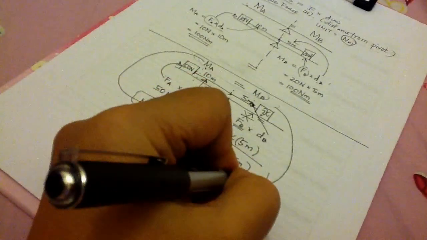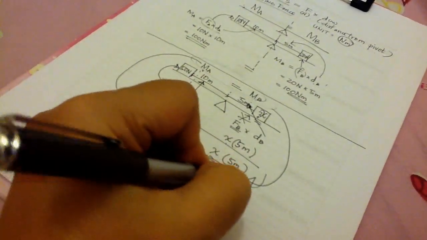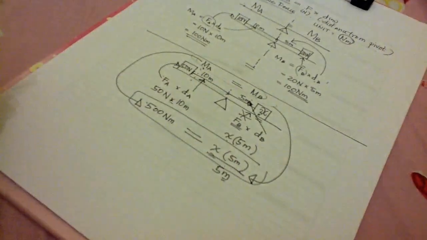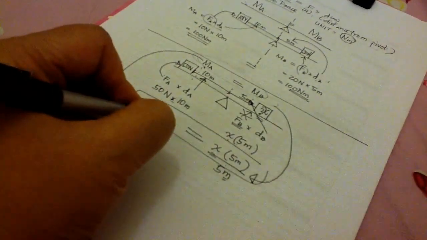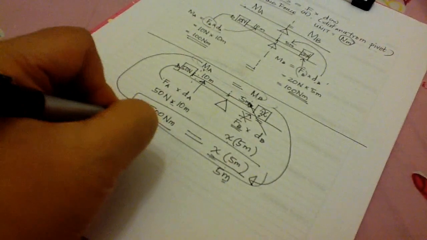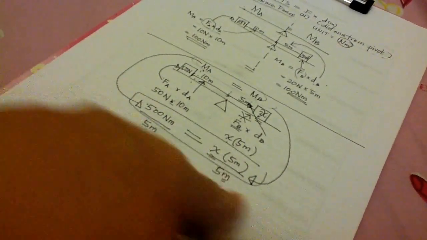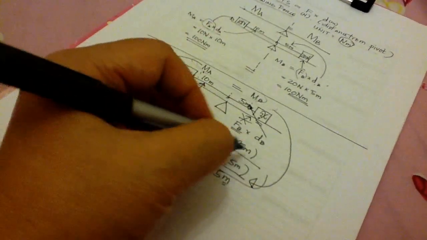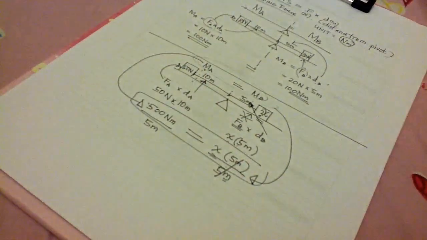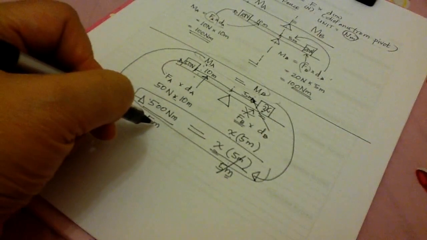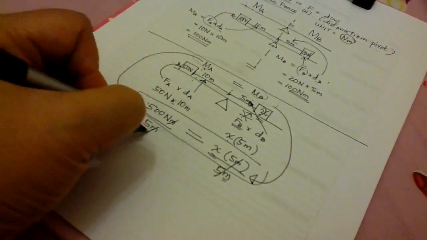So, divide by 5 meters. Always remember to include the unit. And this one, divided by 5 meters. What you do to the right, you need to do to the left. You need to be fair. So, this one cancels out. And what can I cancel here? I can cancel the unit.